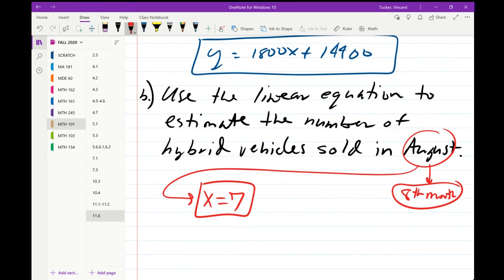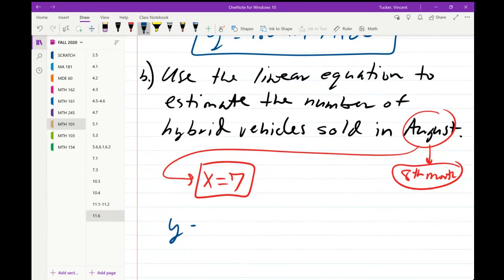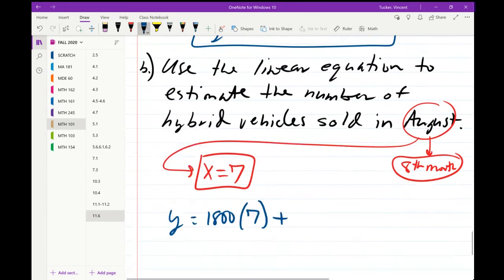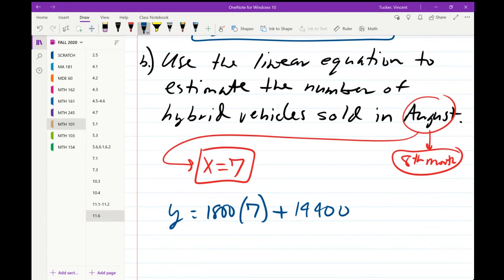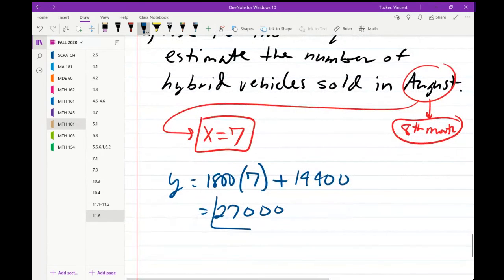And what we do is plug the 7 into the equation. And that would be the answer, 27,000.